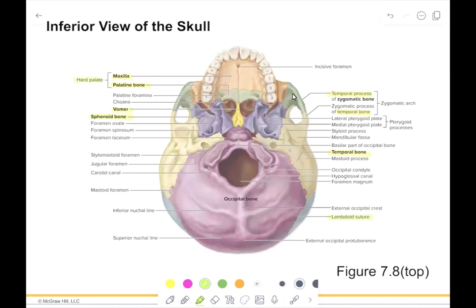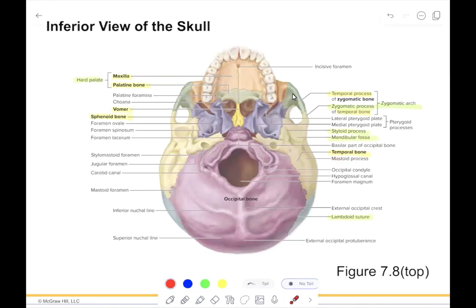Specifically, the zygomatic arch, zygomatic process, styloid process, mandibular fossa. The mandibular fossa is important because the mandible actually forms the TMJ joint when it forms an articulation with that.